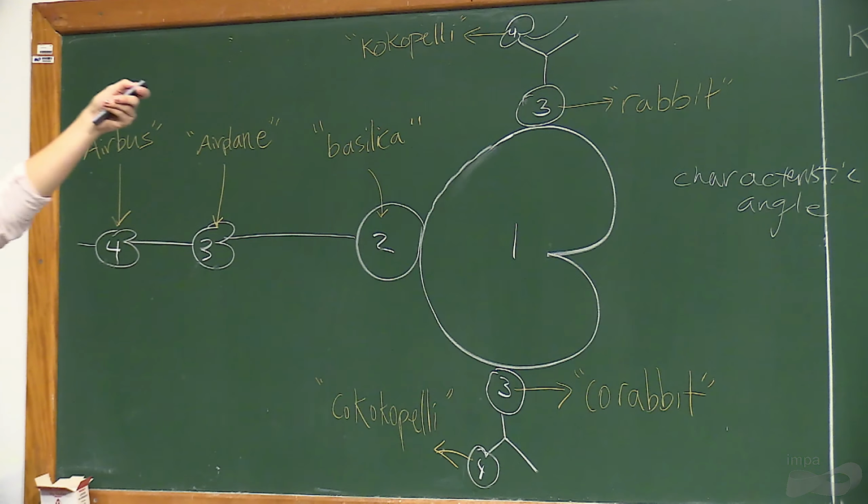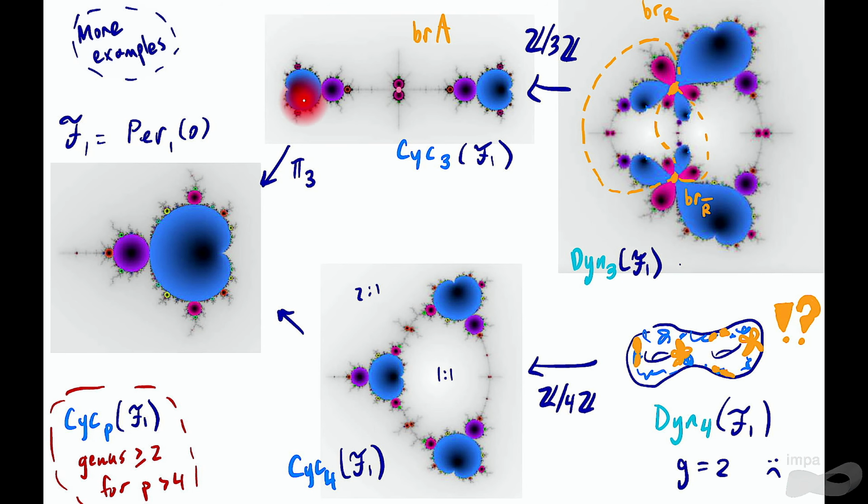So what we're seeing when we look at the marked cycle curve is that we see one Mandelbrot set that corresponds to marking one of those 3 cycles, and it ramifies at the point at which both of those 3 cycles collide at the root of the primitive airplane component. And then we have the other Mandelbrot set, which is the lift of the other 3 cycle. When we look at the dynatomic curve, which is a Z mod 3Z cover of this, we now have to take into account the monodromy of the points around the rabbit and the co-rabbit.